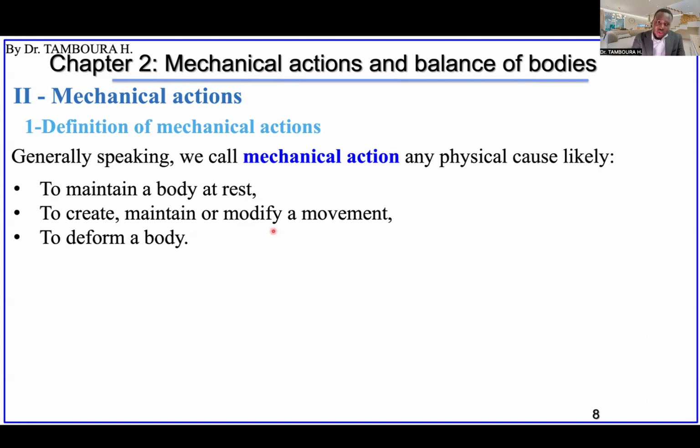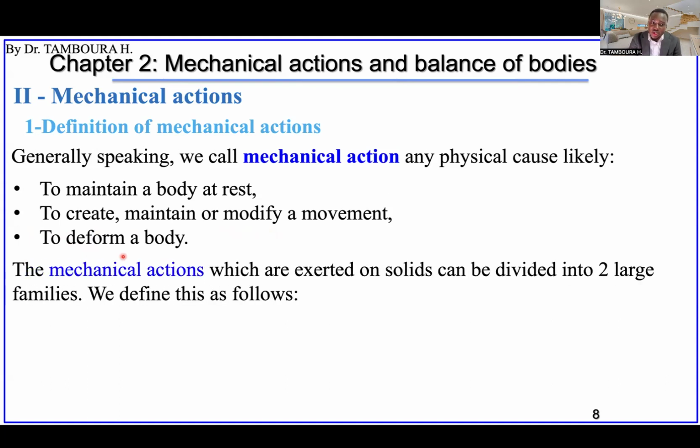Okay, another definition is a physical cause that can deform a body. You may already know what mechanical action means. It means maybe force or moment or torque, these kinds of actions.